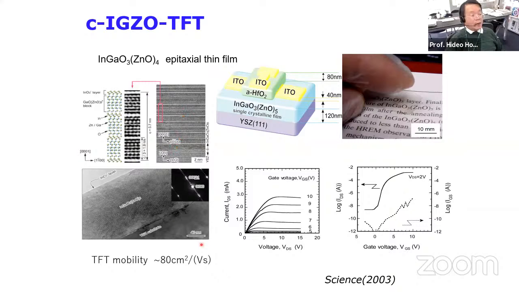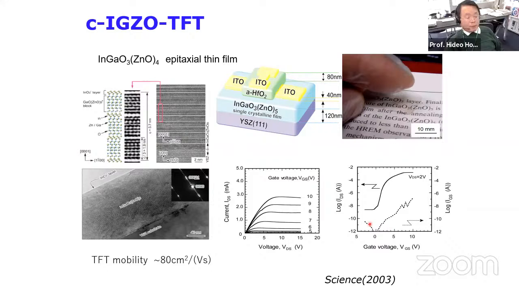As we expected, this material shows a very low carrier concentration, so we fabricated the TFT. This is the output characteristic, and this is the transfer characteristic.